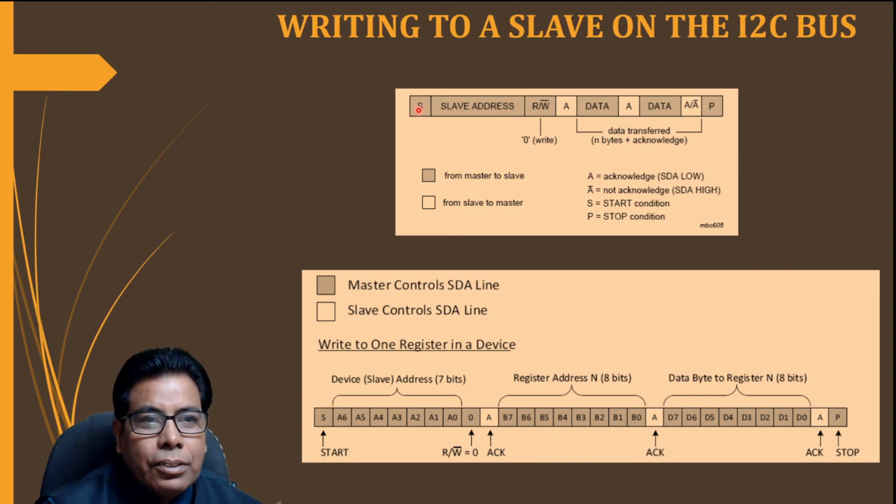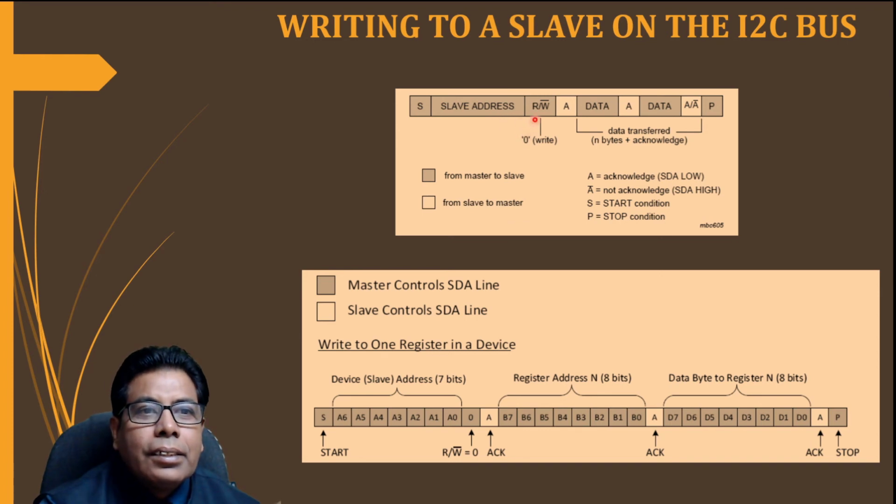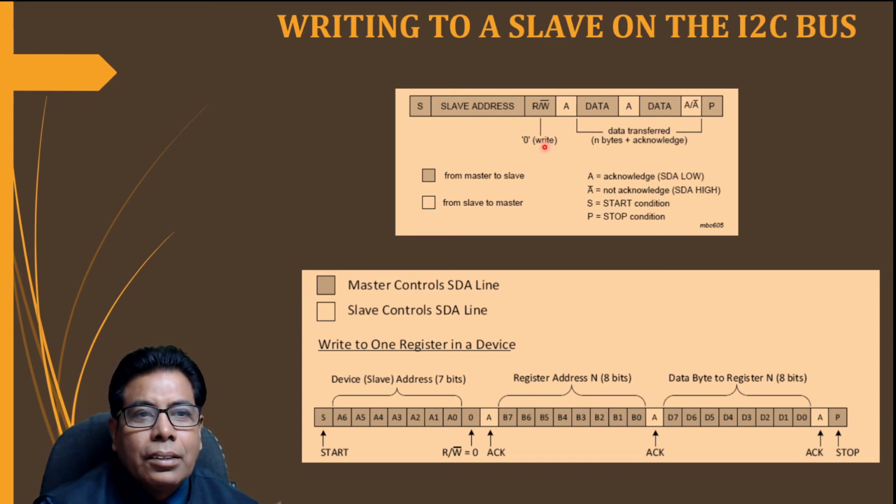So first it will send the start condition, then it will send the slave address, and then it will send this RW bit. So if it is 0, it is the write operation. So that will determine the operation. So all these are from master to slave up to this.